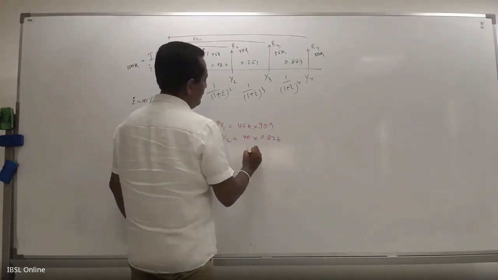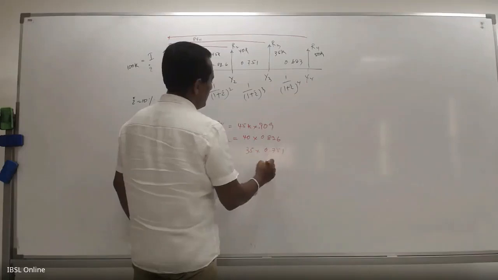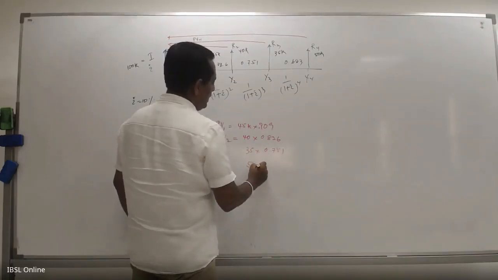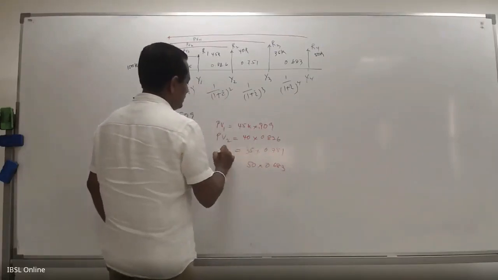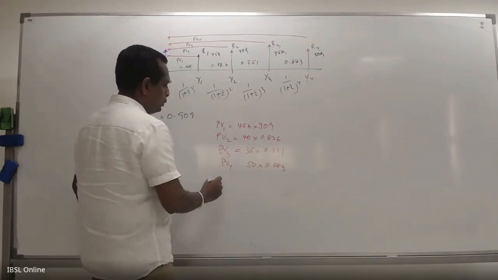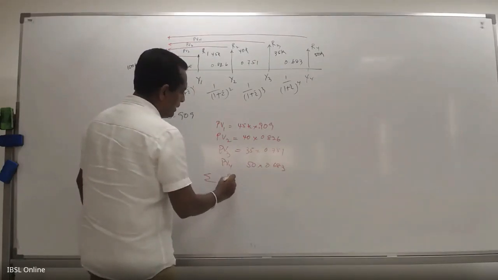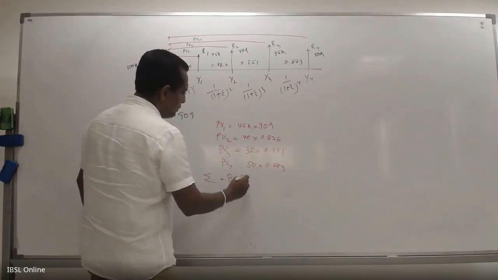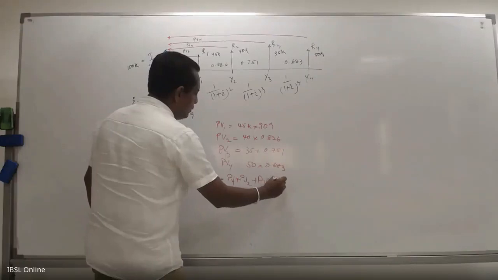This is 35 into 0.751. 50 into 0.683. Present value 3, present value 4. Total present value equals present value 1 plus present value 2 plus present value 3 plus present value 4.